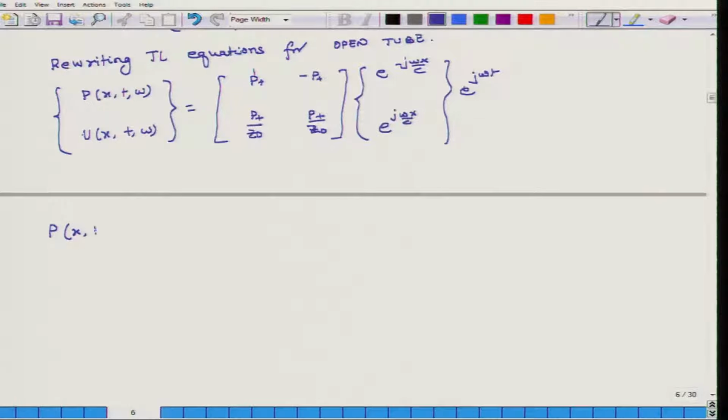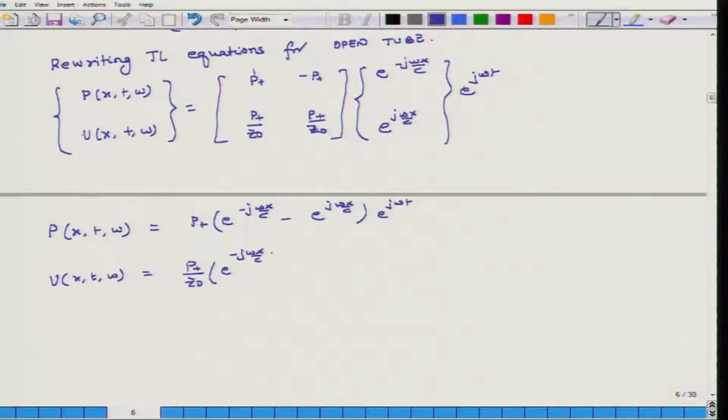So, pressure equals P plus, e to the minus j omega x over c plus e to the j omega x over c, times e to the j omega t, and complex velocity is, so I should have put a negative here, P plus over Z naught, e to the minus j omega x over c plus e to the j omega x over c, times e to the j omega t.